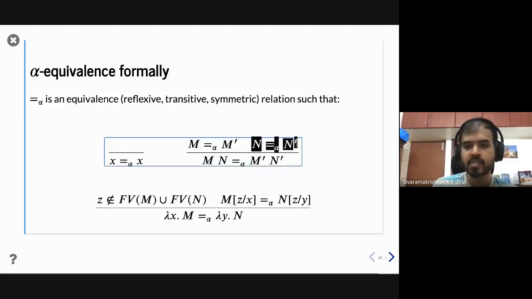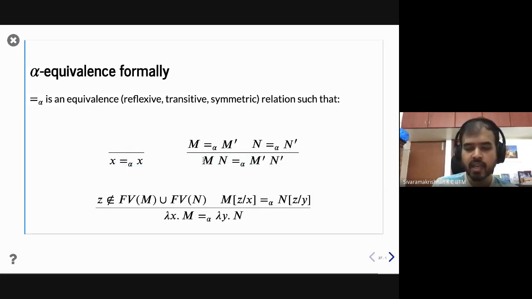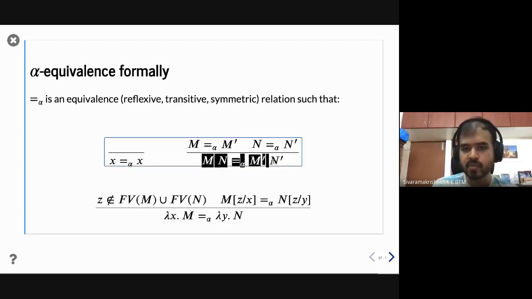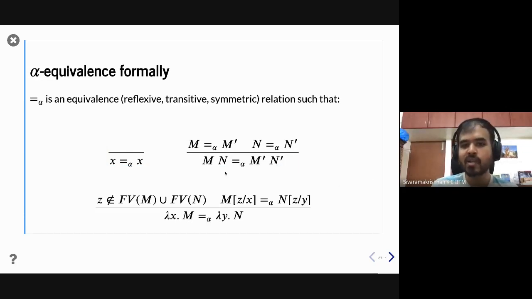You can have multiple premises on the top, and this is the conclusion. This is what we are concluding, assuming that these premises hold. So writing down inference rules is a very standard way of expressing formally the properties that you want. In programming languages, we tend to use this often, so I'm sticking to this inference rule setting. It'll come in very handy when we look at other things later.